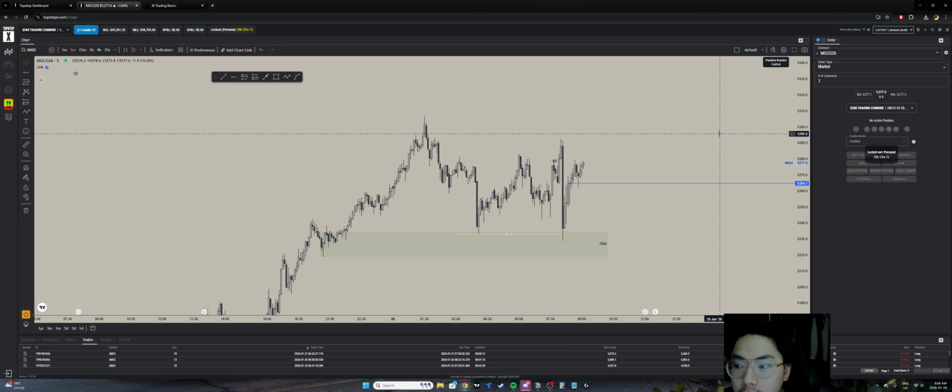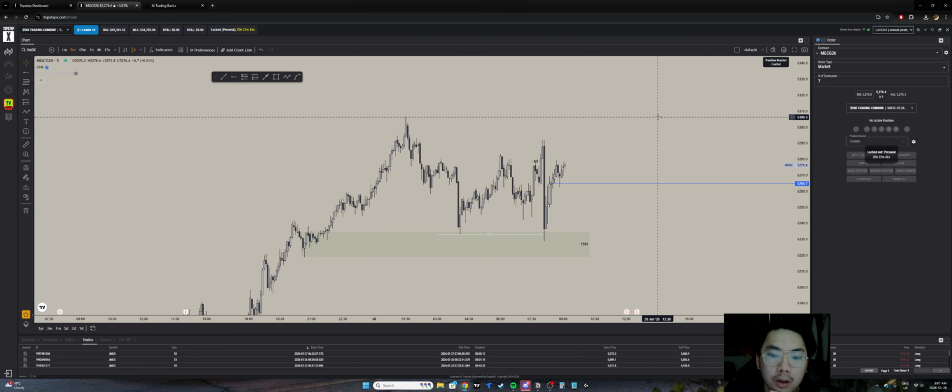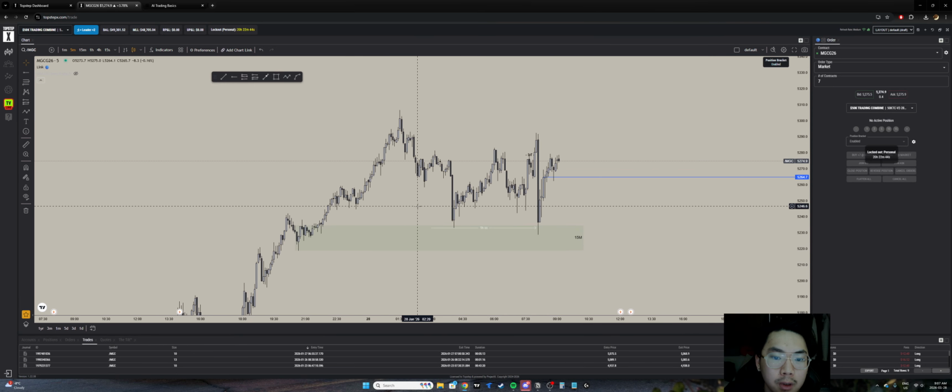But I think now I have to find the balance between taking the setup and waiting for quality areas such as this, like the 1 hour liquidity grab. I think it's just a matter of recognizing the condition that you're in, the market condition. If we were clearly trending, not sideways, then I think 15 would have been viable.